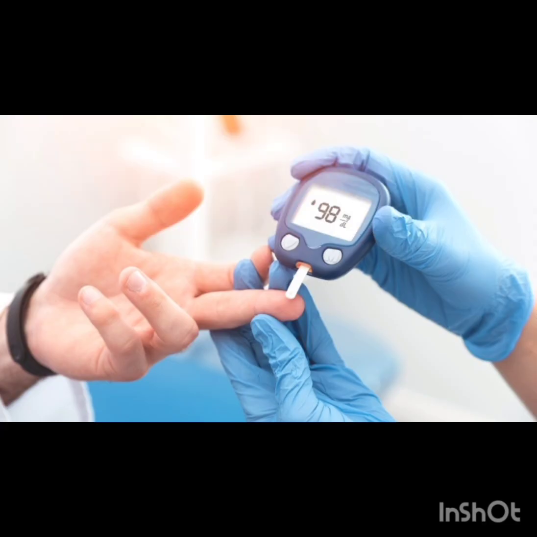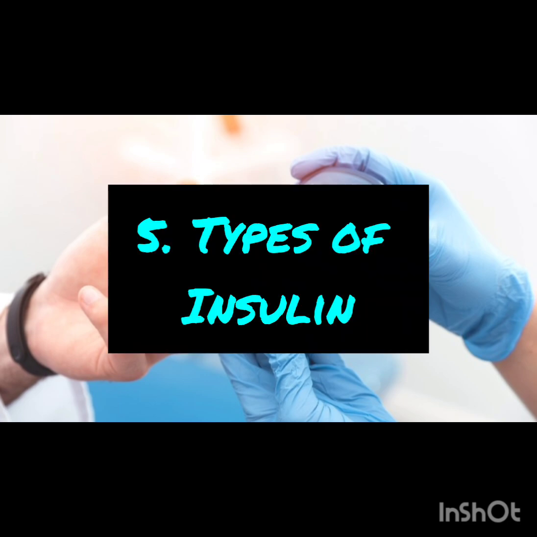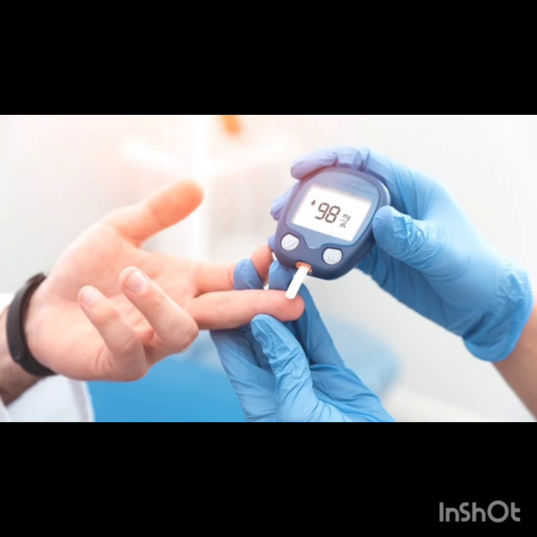Insulin is given subcutaneously, and there are different types: regular, rapid acting, short acting, intermediate acting and long acting insulin. Insulins ending with R are called regular insulin, and those ending with log are called rapid insulin, for example Humalog.